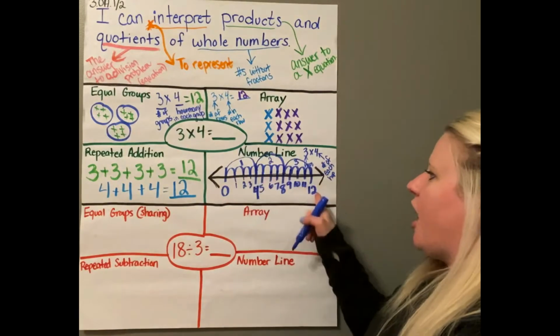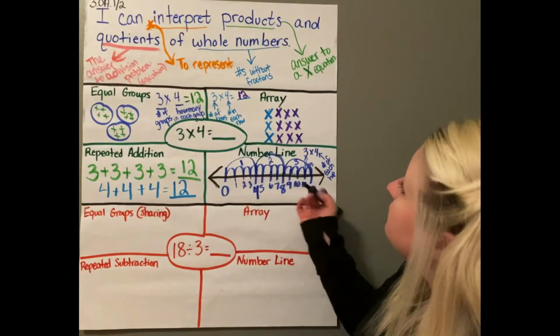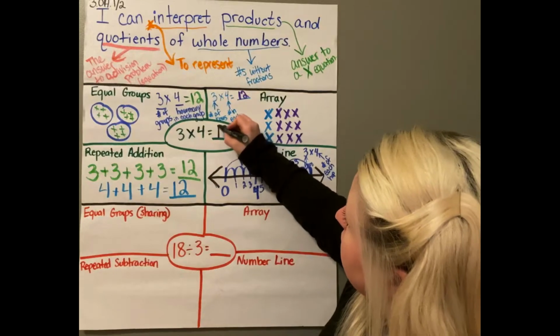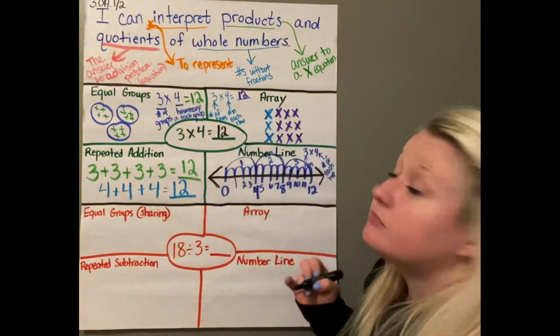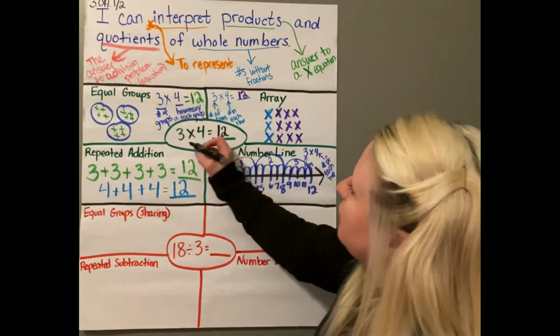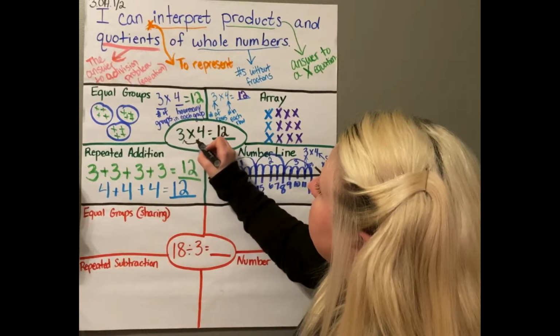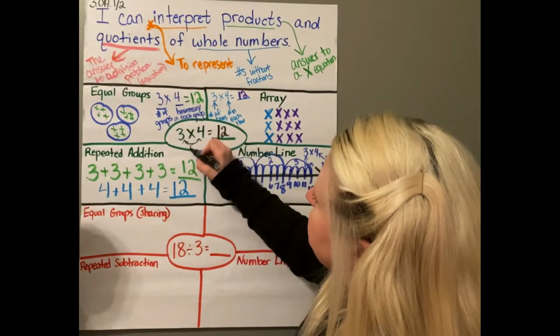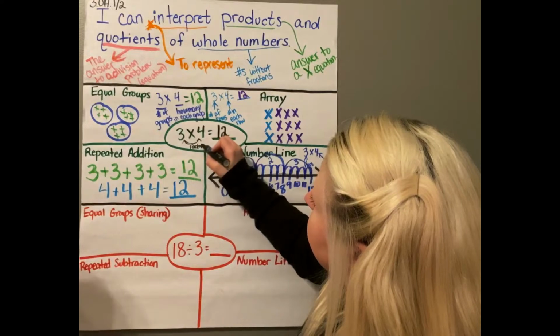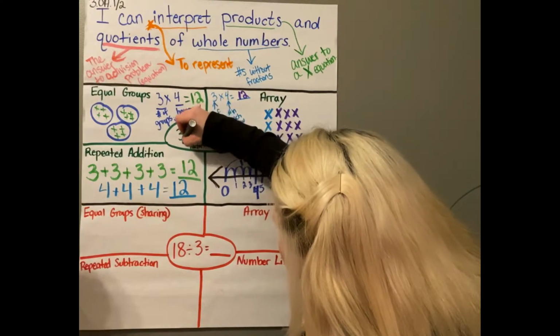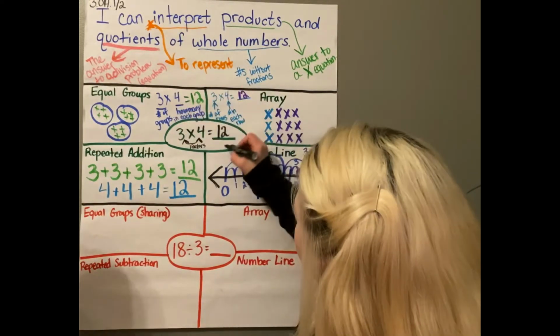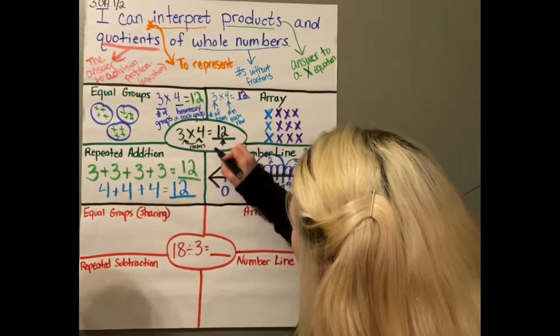So we made 3 hops of 4. Give you the product of 12. Okay? And remember, these are our factors. These numbers are factors. And this is our product.